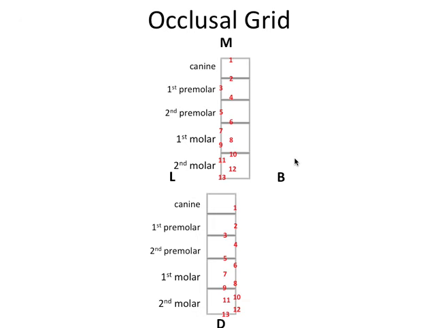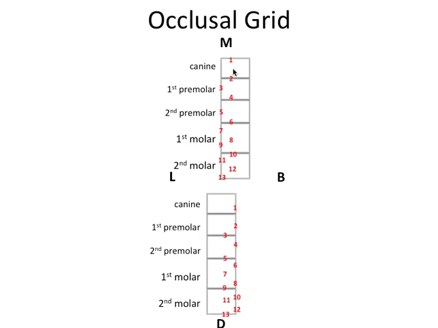All right, so this is the coveted occlusal grid, and I adapted this from the Past the Dental Board YouTube channel, so go ahead and check him out. Basically, each box is a tooth. Each box here represents canine to second molar, and each box down here is the same thing.